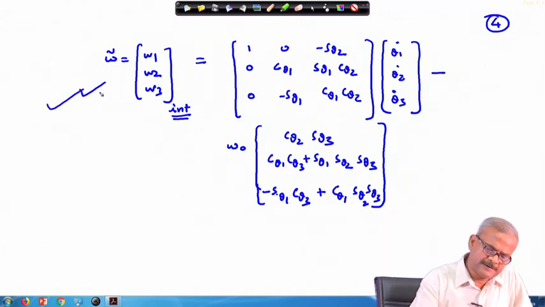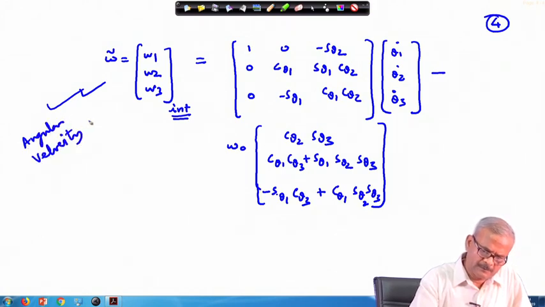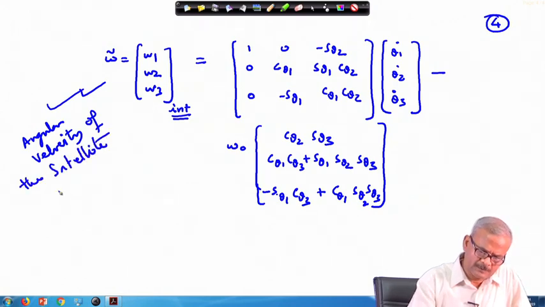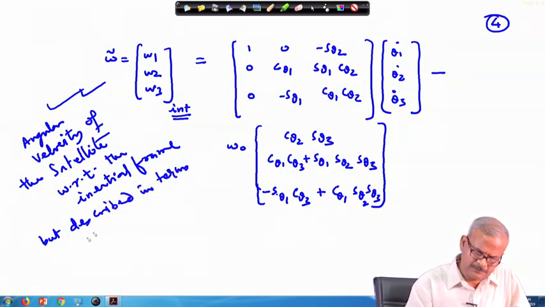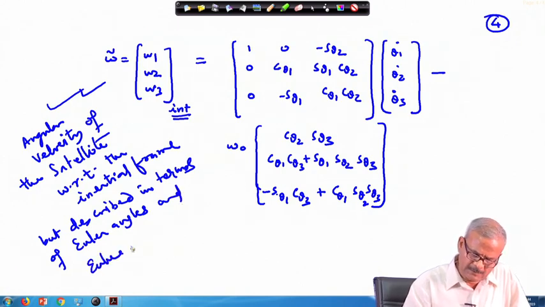angular velocity of the satellite with respect to the inertial frame, but described in terms of Euler angles and Euler angle rates.